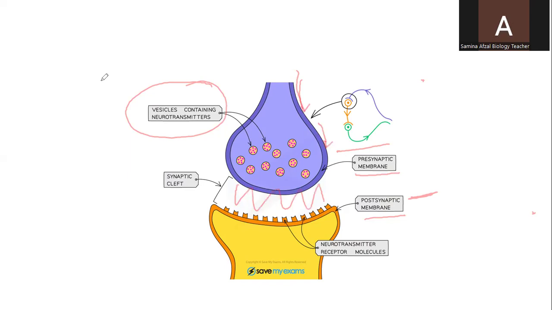So in this way, neurotransmitters bind to receptors. They will have the complementary shapes of these neurotransmitters.